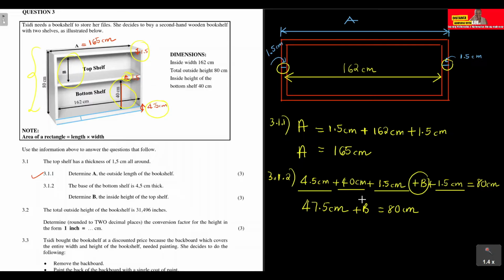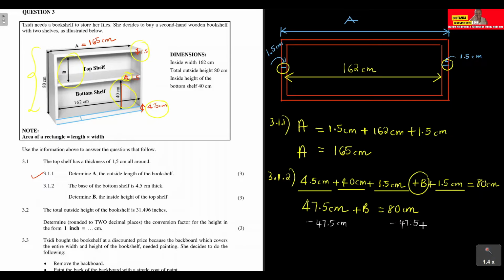All we need to do now is isolate B, so that B is on its own. To isolate B, we need to minus 47.5 centimeters. What you do on the left, you need to do on the right.